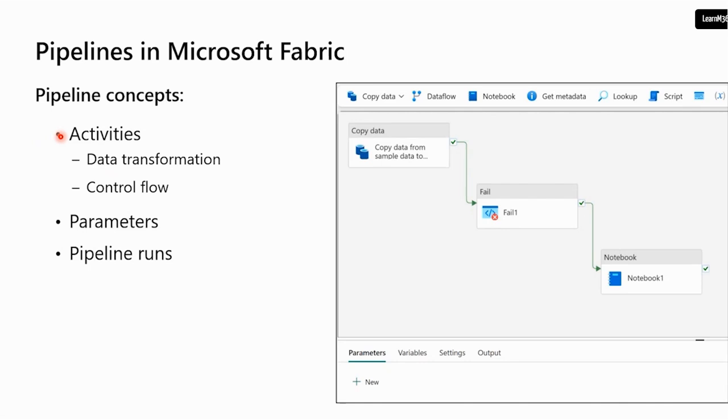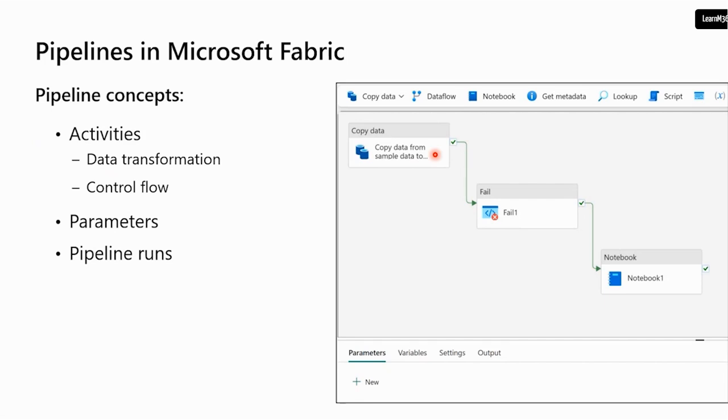We can define a flow of activities by connecting them, like how you can see it is connected over here, in a sequence. Every activity has three possible outcomes: success, failure, and completion.